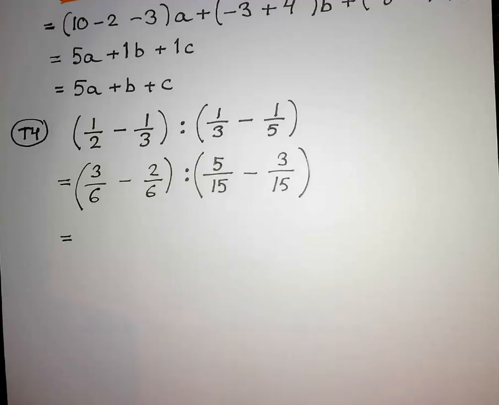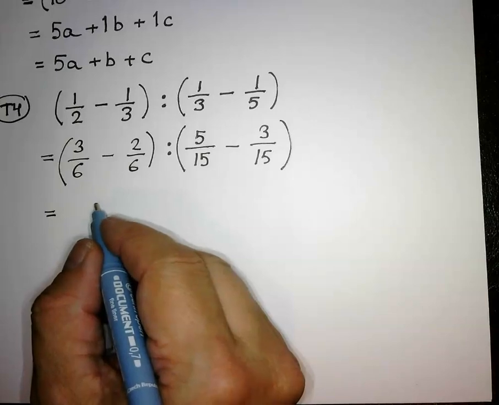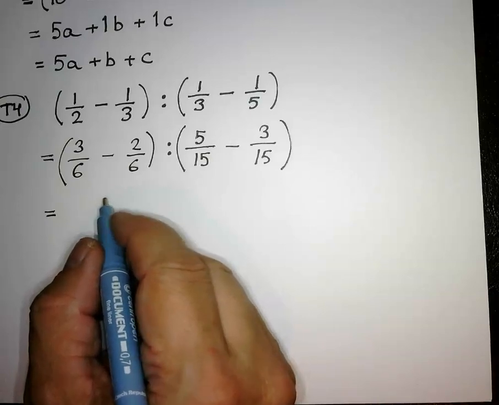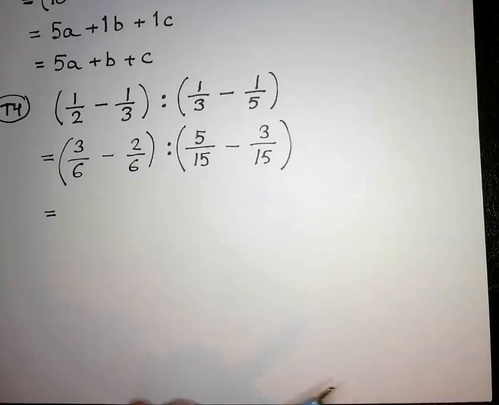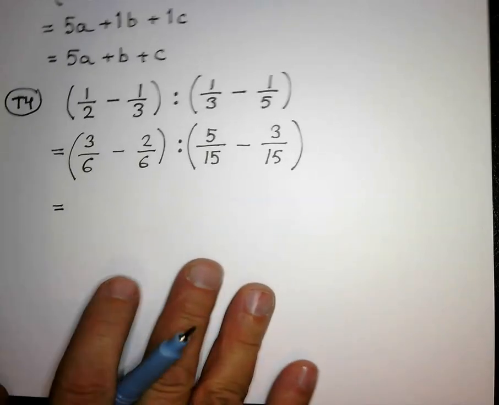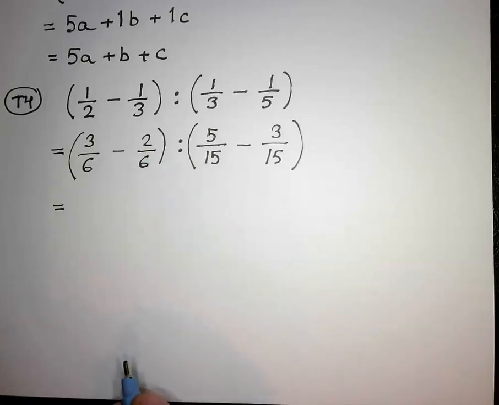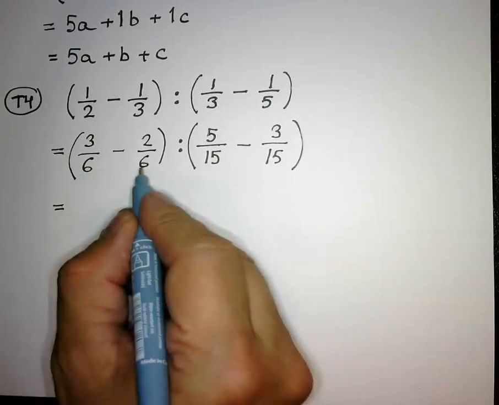Of course, you can calculate more easily and more quickly, but I will go through these calculation rules which are correct for problems in which you have only numbers. But these same rules are correct also when you have letters in the problem. So here we have this common denominator 6.